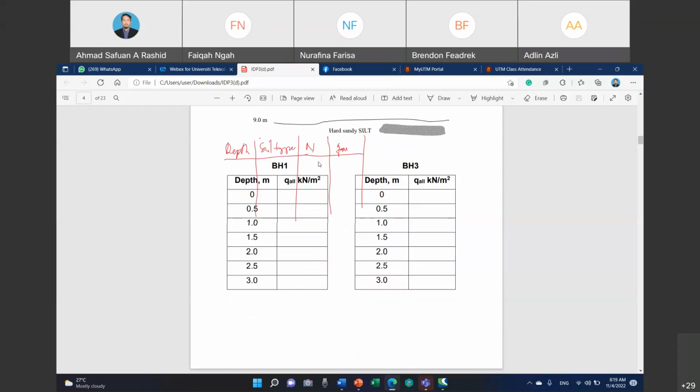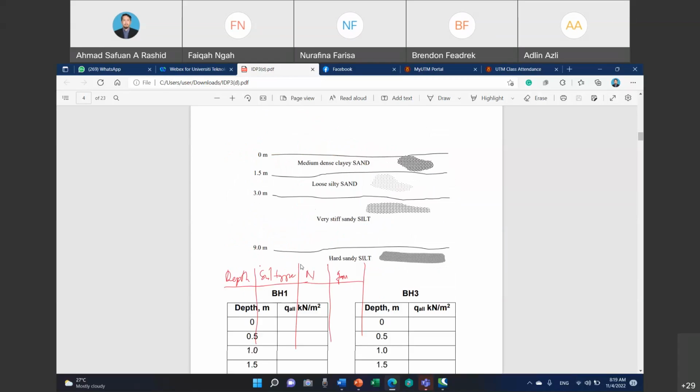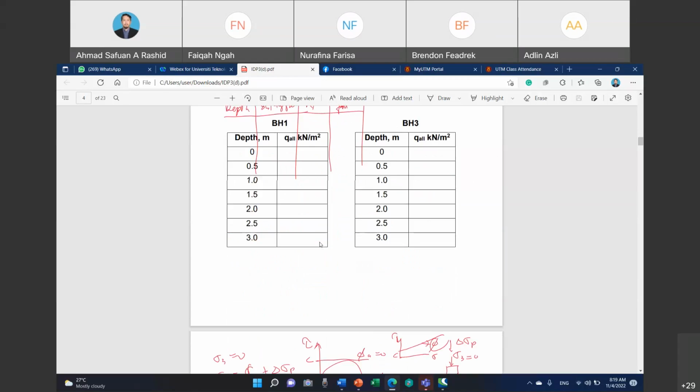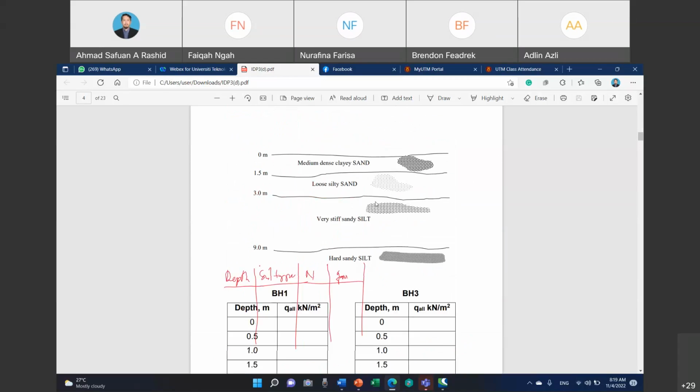So prepare this kind of table to explain in detail the information for the soil conditions. At the same time, you need to prepare this kind of diagram. So letak legend lah, menunjukkan bahawa this is the clay. It's better kalau you letak the distance from one borehole to another borehole.